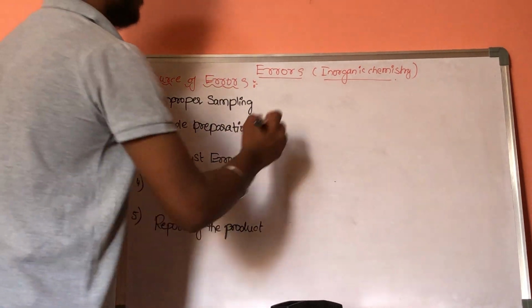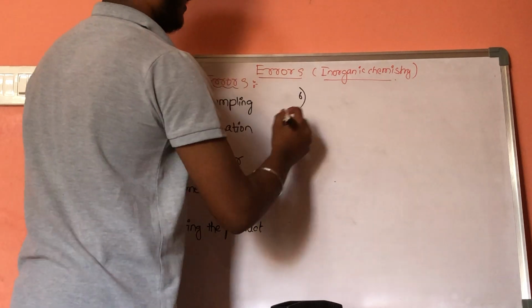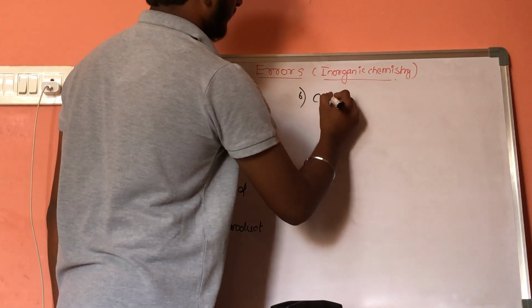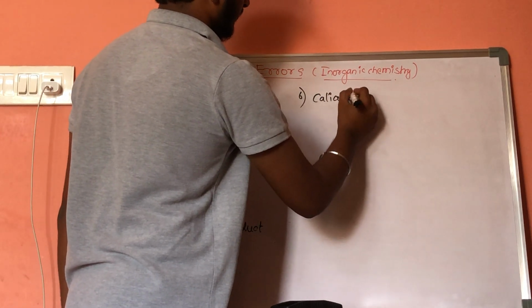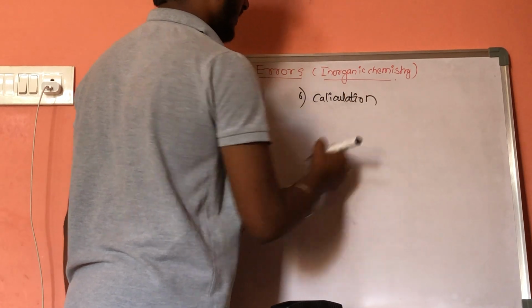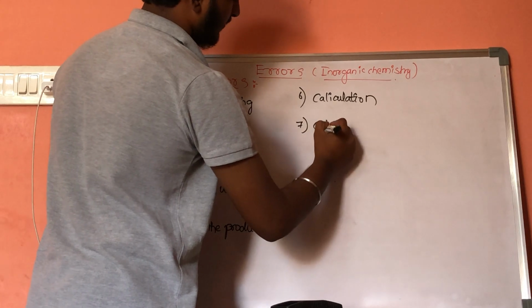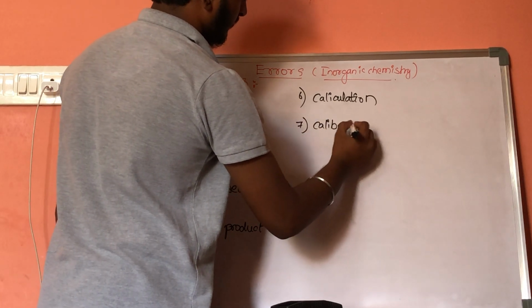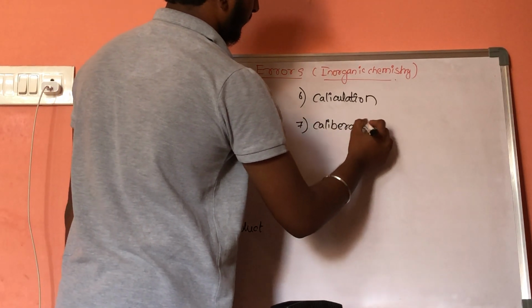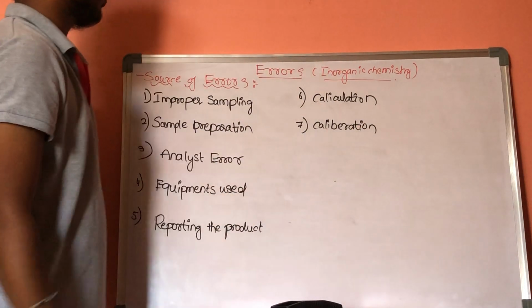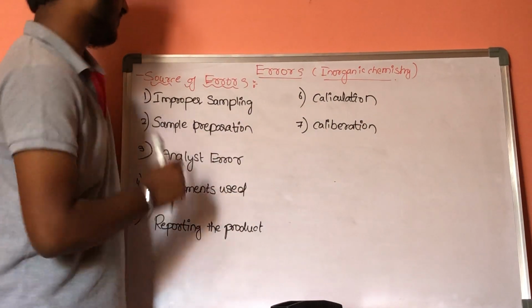Sixth one is calculation, when there is an error in a calculation. Seventh one is calibration. These are the sources of errors which are responsible here.